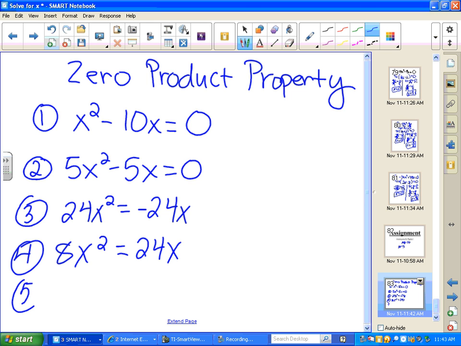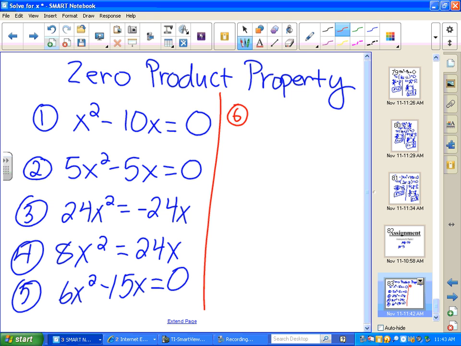Number 5, 6x squared minus 15x equals 0. Number 6, negative 8x squared equals 10x. Number 7, negative 10x squared equals negative 25x.